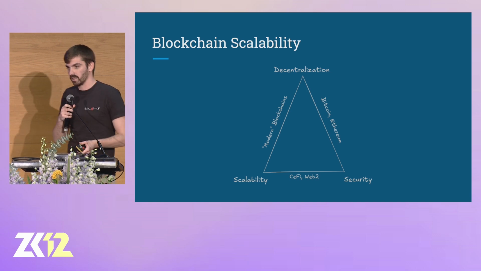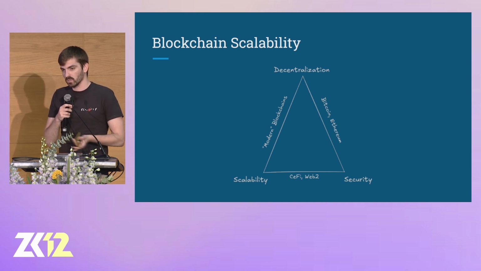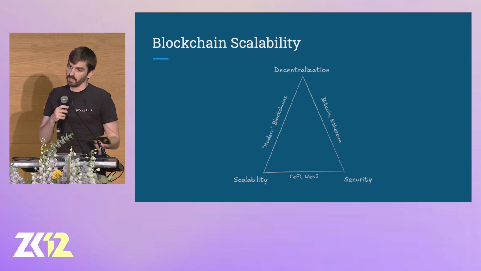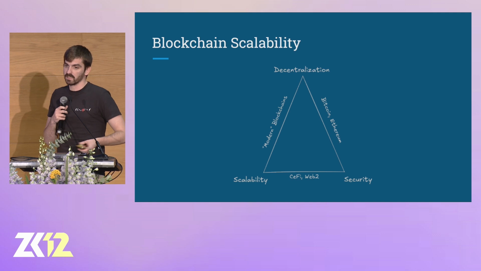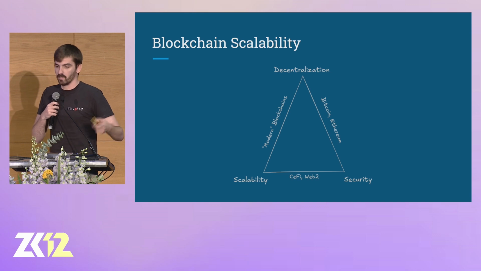And rollups are L2 solutions, scalability solutions that basically move the execution off chain. They execute transactions, update the state off chain, and then they submit some data, and we will see what data, on chain and do some verification of that execution on the main chain, which is what we call on chain.